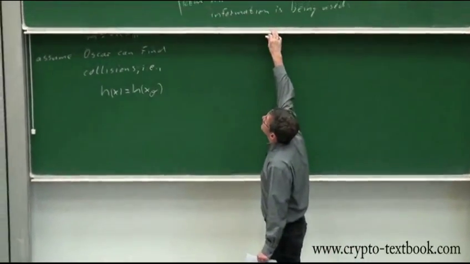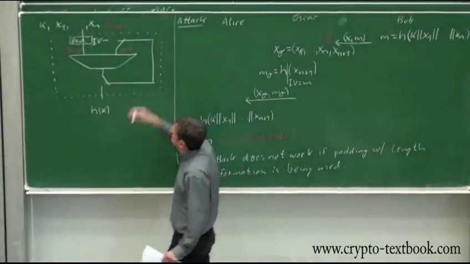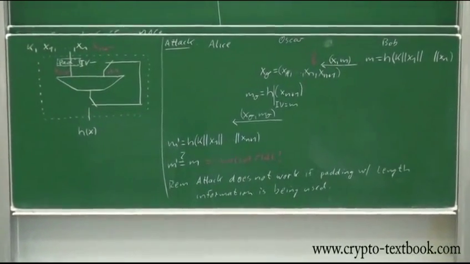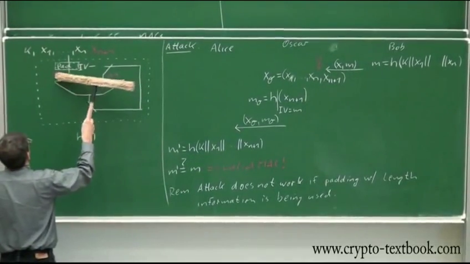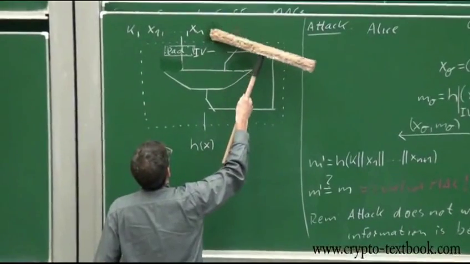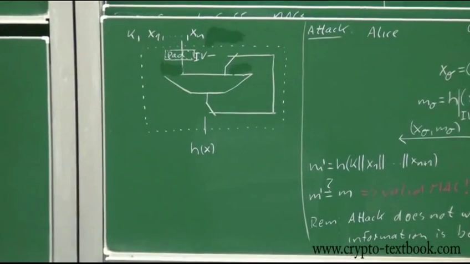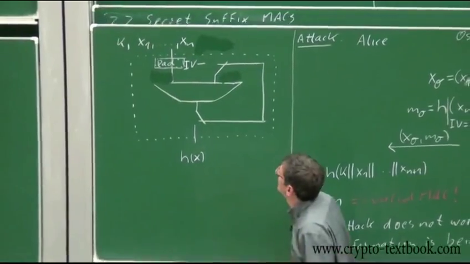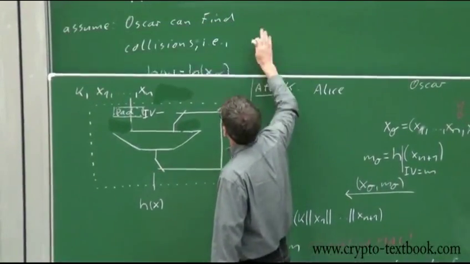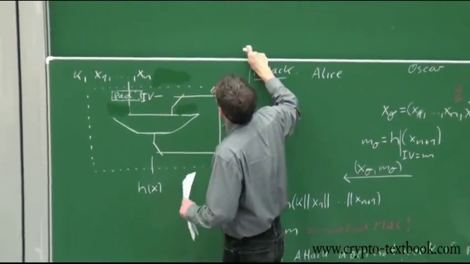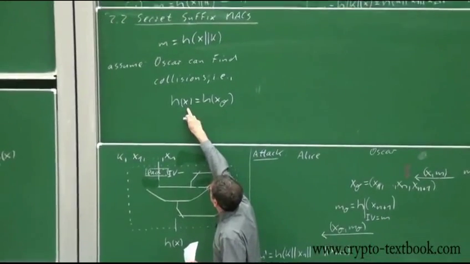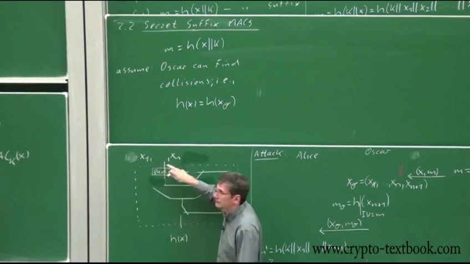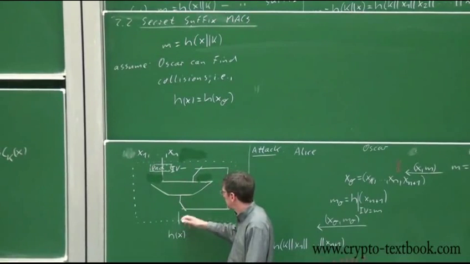Now, again, if you think about this iterative construction here, the basic Merkle-Damgård construction, what happens now if you first hash x, that means you do x1, x2 up to xn, iteratively, and you get a certain output at this point.